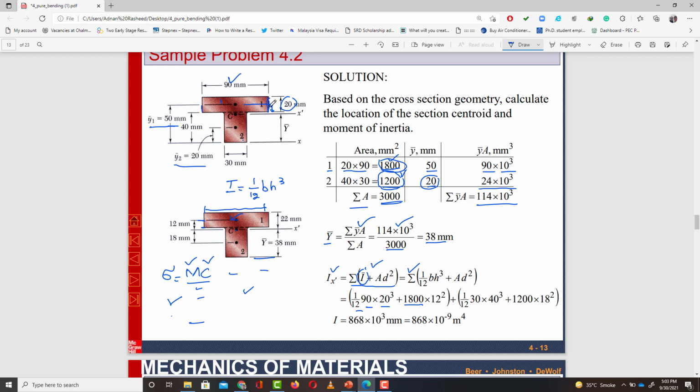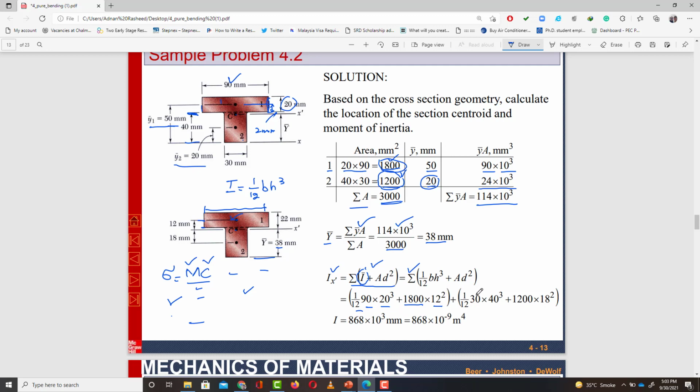So 10, and from the center to this point is 2 mm. How? Because the total distance over here is given as 40, and y dash is at a distance of 38. So there is a gap of 2 mm. So 10 plus 2 is 12. So D in this case is 12.